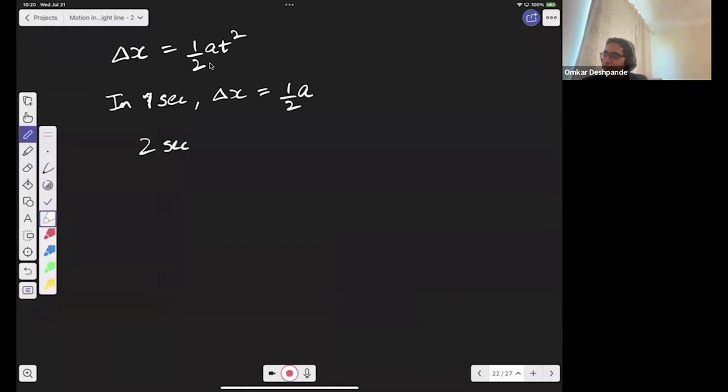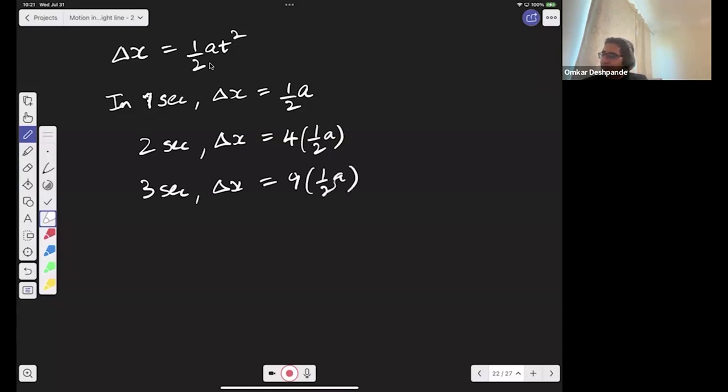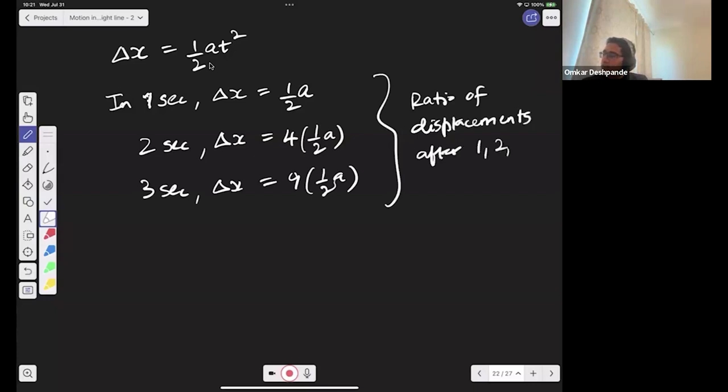In 2 seconds, t squared would be 2 squared, so 4 times that, 4 times half a. In 3 seconds, delta x would be 3 squared times half a, 9 times half a, and so on. So basically the ratio of displacements after 1, 2, 3 seconds would be 1 is to 4 is to 9 is to 16. That's something we could check.